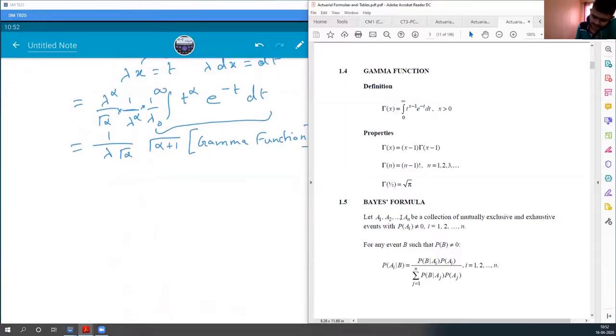Now let's solve this. Our gamma of alpha plus 1 can be written as alpha into gamma of alpha because of this property. So therefore our expected value is nothing but alpha by lambda.